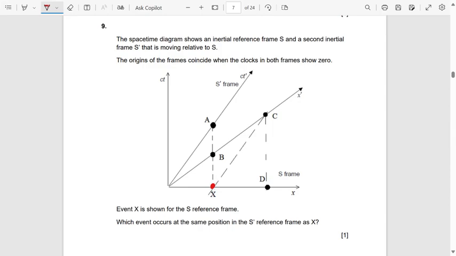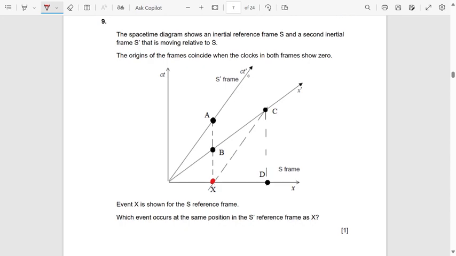Okay, so here's the CT prime axis, and let's say we've got an event X, we need to go parallel to that line. Now this line that connects X to C, you can see is parallel. So actually the answer is C.